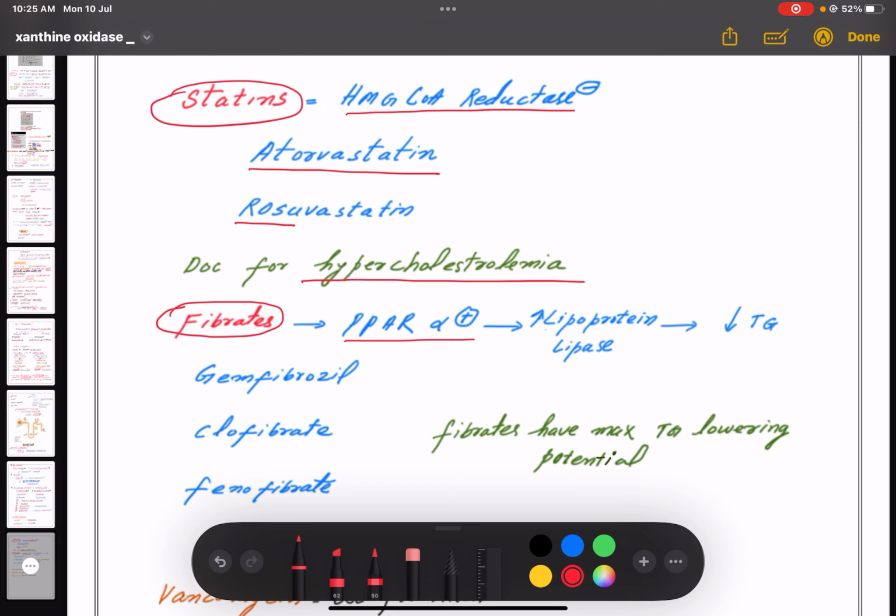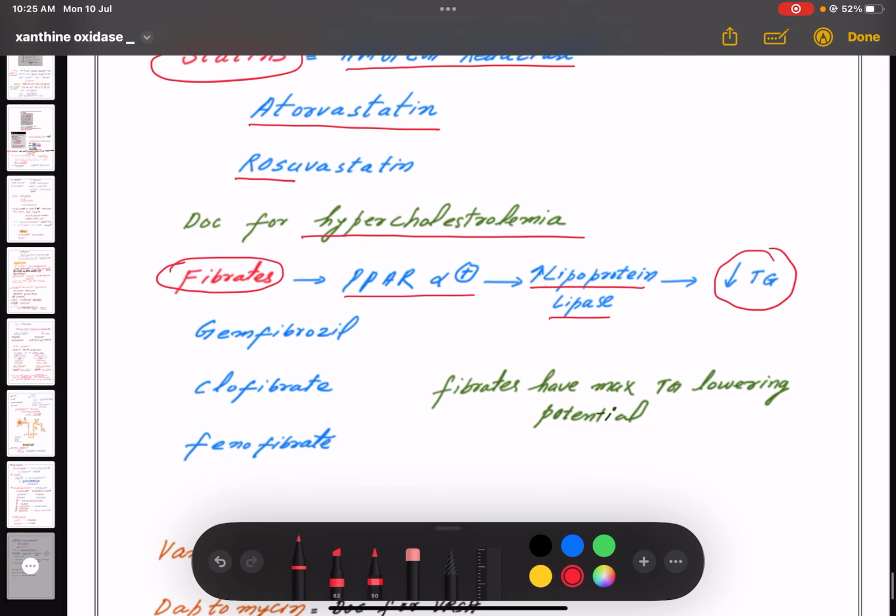Once they stimulate PPAR alpha receptor, they increase lipoprotein lipase activity and decrease triglycerides. The drugs include gemfibrozil, clofibrate, fenofibrate. Fibrates have maximum triglyceride lowering potential. Therefore, fibrates are used in hypertriglyceridemia.